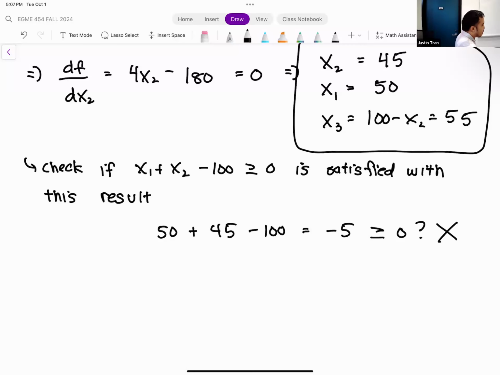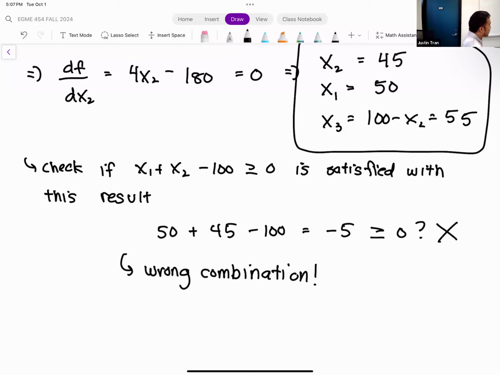And so once again, we end up with an incorrect combination in this case. All right. So once again, we've done all this work and we end up with something that's incorrect. Okay, so we have to try again.